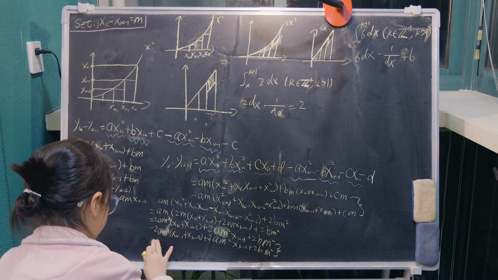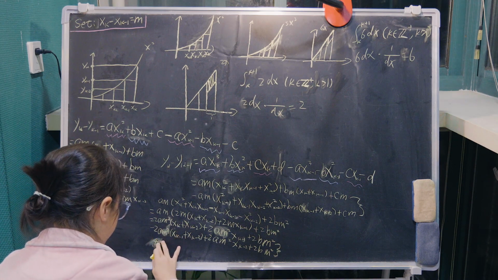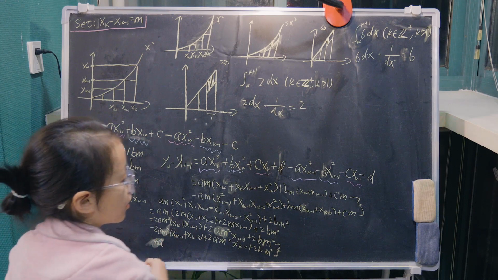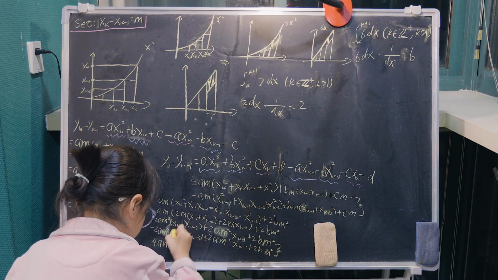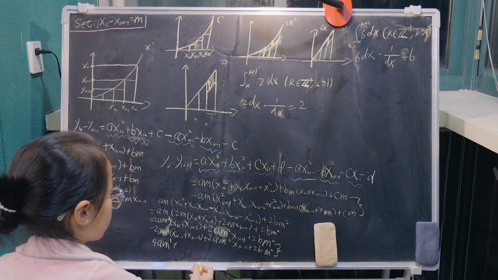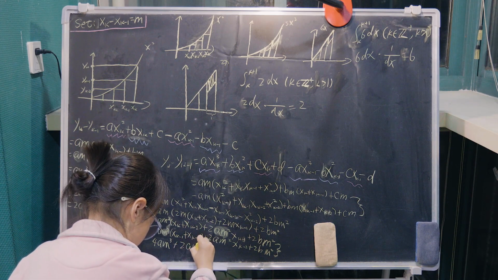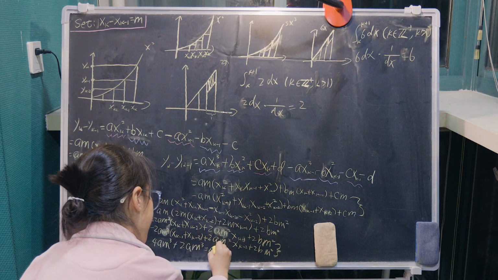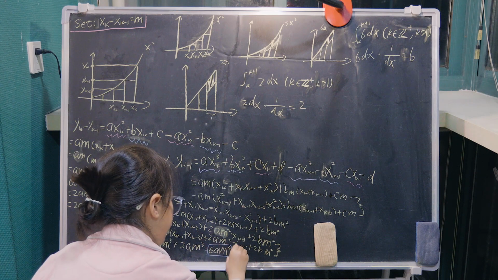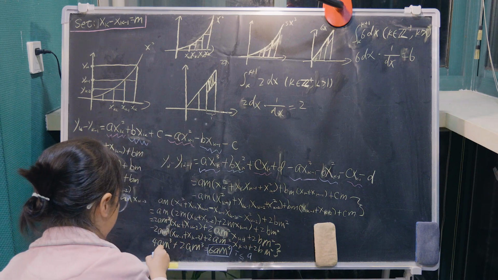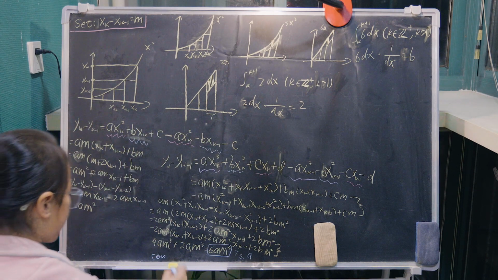That's equal to 4am cubed, and then plus, this is m, so plus 2am cubed, so actually that's equal to 6am cubed, and this is a constant. Am I right? A constant.